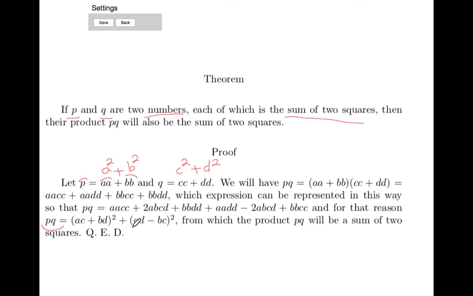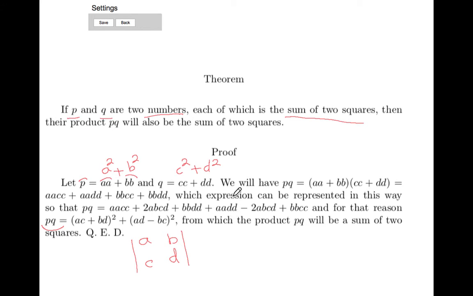As you can see, if we write the squares whose sum results in p and q in a matrix, so we have a, b for p, and we have c, d for q, then these squares are the square of the column multiplication, which is ac plus bd, and the other one is the square of the determinant.